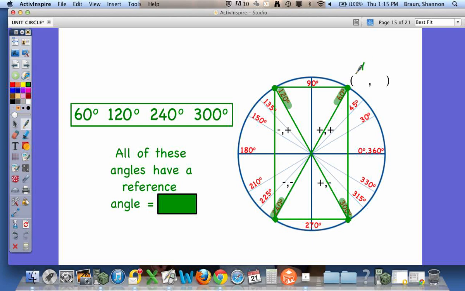So it's again 1/2, radical 3 over 2, and then in quadrant 2, x is negative, y is positive. In quadrant 3, they're both negative. And in quadrant 4, x is positive, y is negative.